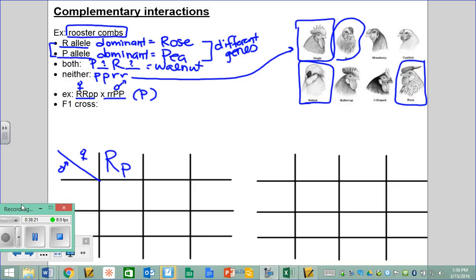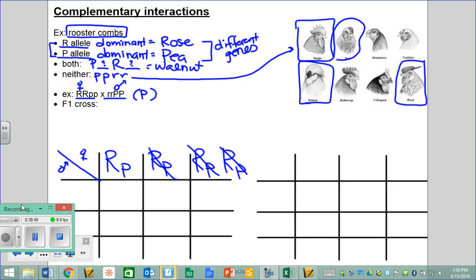My other choices are capital R with a P, capital R with a P, or capital R with a lowercase p. Now, like I showed you yesterday, you can do that. Your answer won't be wrong, but you will have done a ton of work that you don't need to do. So I'm not going to. If you have all identical alleles, please don't repeat them because you're just going to end up doing extra work.